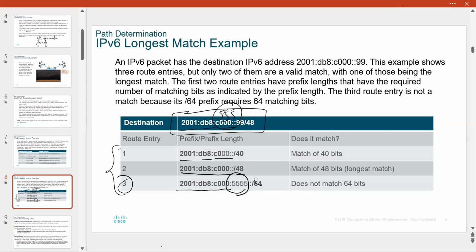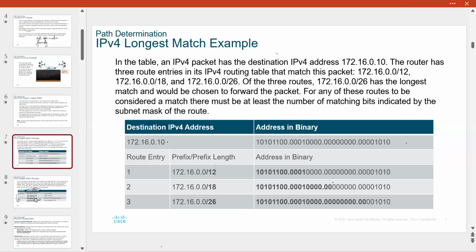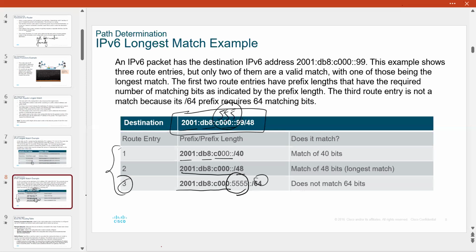Even if the prefix length here is 64, you use the same logic as before with /12, /18, /26, where we used /26, the largest prefix length among the matching ones. Here it does not work because there is a difference between the destination IPv6 and that route. So route number 2 here is the one with the longest match.